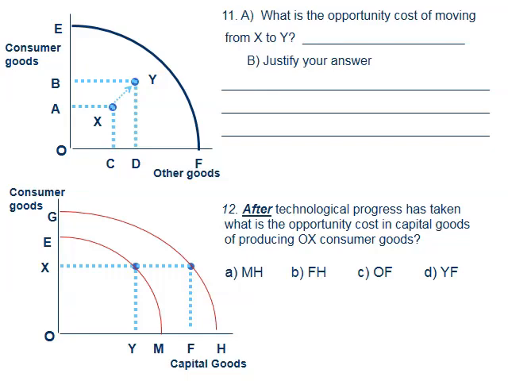Number 12, after technological progress has taken place, what is the opportunity cost in capital goods of producing OX consumer goods? Well, if we look first at the inside curve, before technological progress has taken place, to produce OX, you can also produce OY.